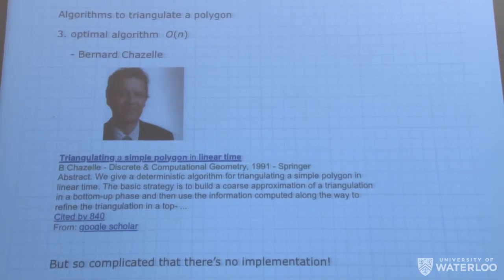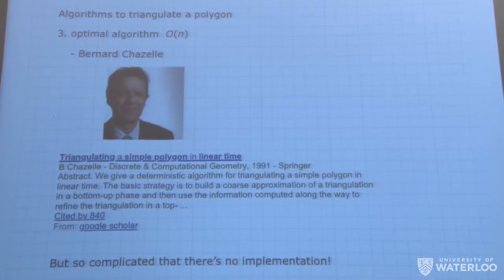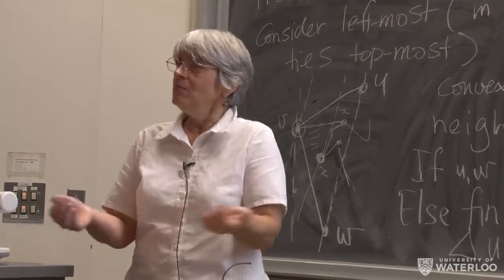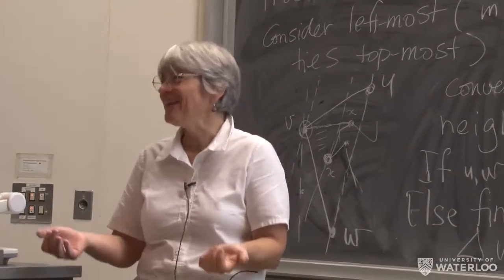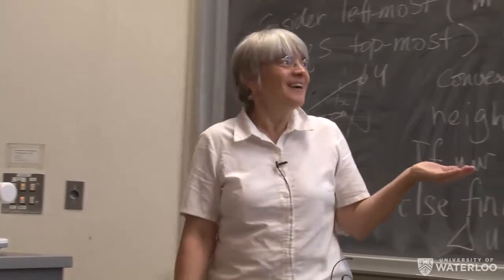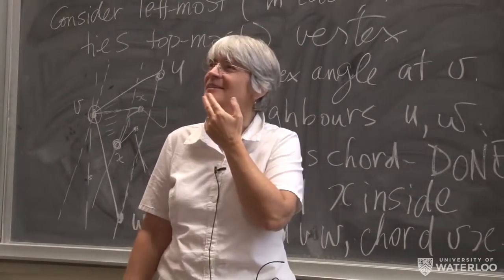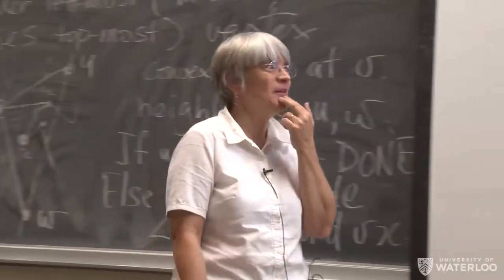But this algorithm is so complicated that no one has ever implemented it. So it boggles the mind to think that, you know, we study algorithms, we think, oh, linear running time, that's got to be the best algorithm. But it's not if you can't use it, if you can't implement it. And you know, glance at this paper and see how long it is and see why it is that people haven't been able to implement it.